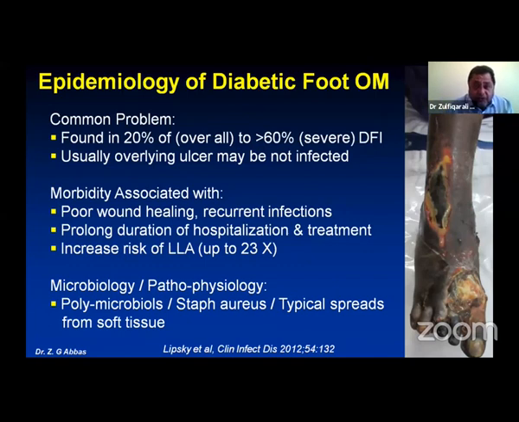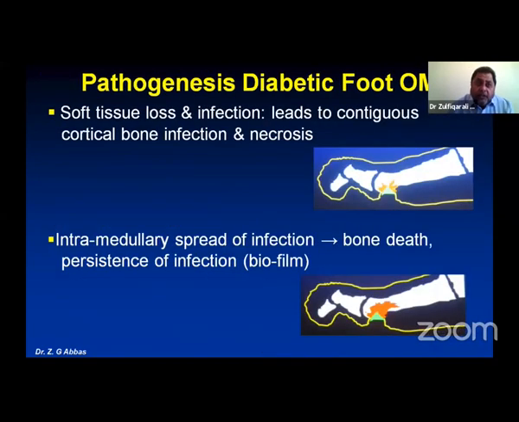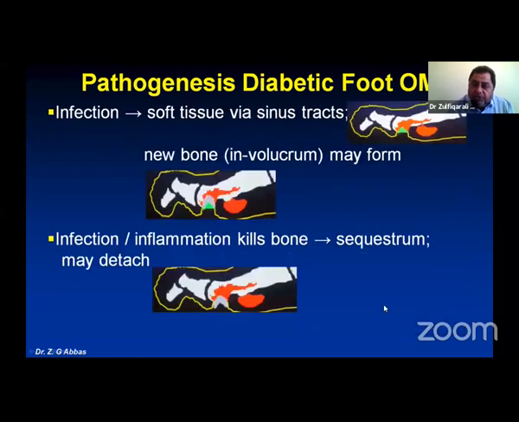Microbiology and pathophysiology: usually we say that the diabetic foot ulcer is a bag of worms, so it's usually polymicrobial, and it usually comes from soft tissue. Soft tissue is what initially gets infected, and then it goes to the cortical bone, then enters the intramedullary space with spread of infection. The bone starts dying because of infection.